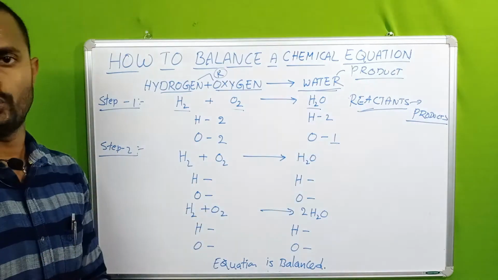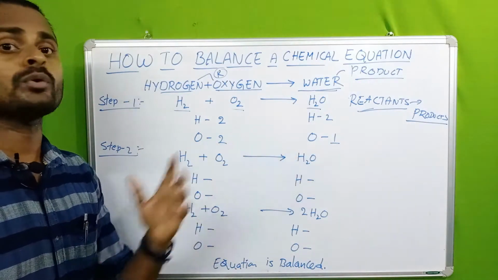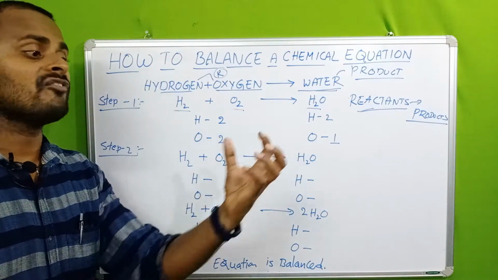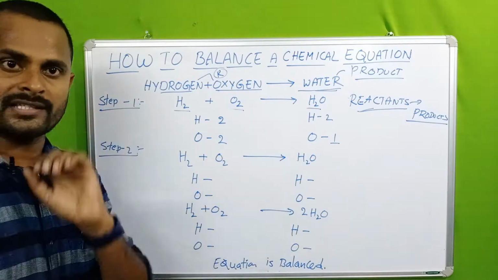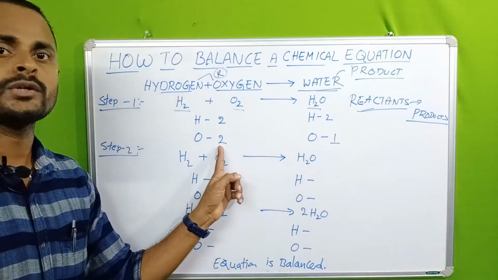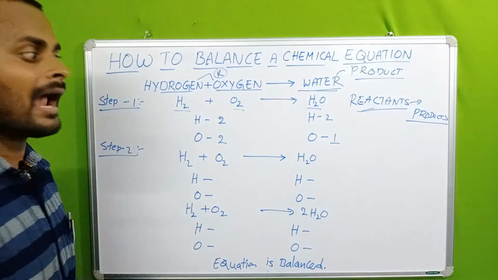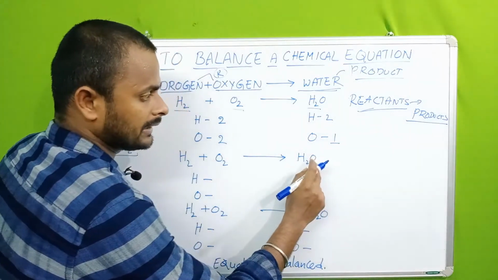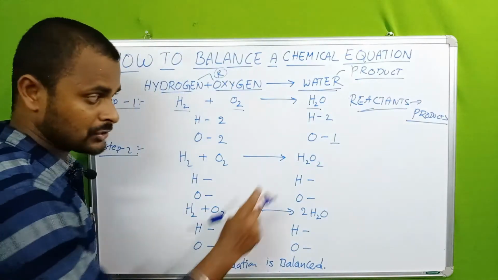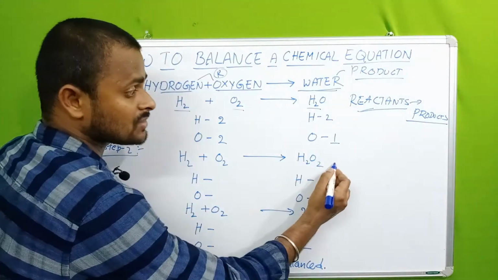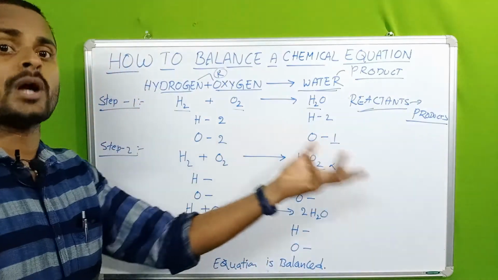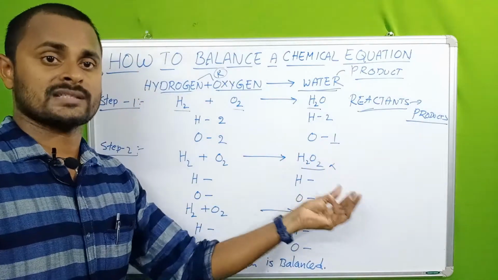Next, step 2. You have to add a number on the side having fewer atoms. For example, this side oxygen is 1, here oxygen 2. So you have to add a number. For example, here only 1 oxygen, then you add it like here, H2O2, but it is not correct. Why? Because H2O2 is completely a new compound, hydrogen peroxide.